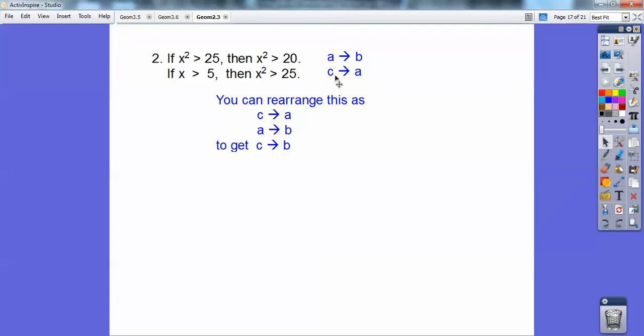So I can put this conditional statement on top, and then the A's line up, and I can say if C, then B. That's okay to do if you can rearrange it. So if C would be if x is greater than 5, then x squared is greater than 20.